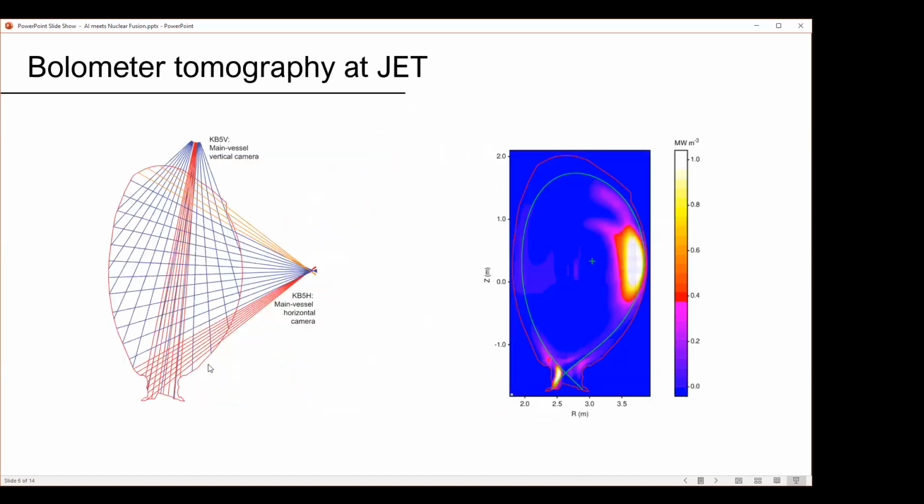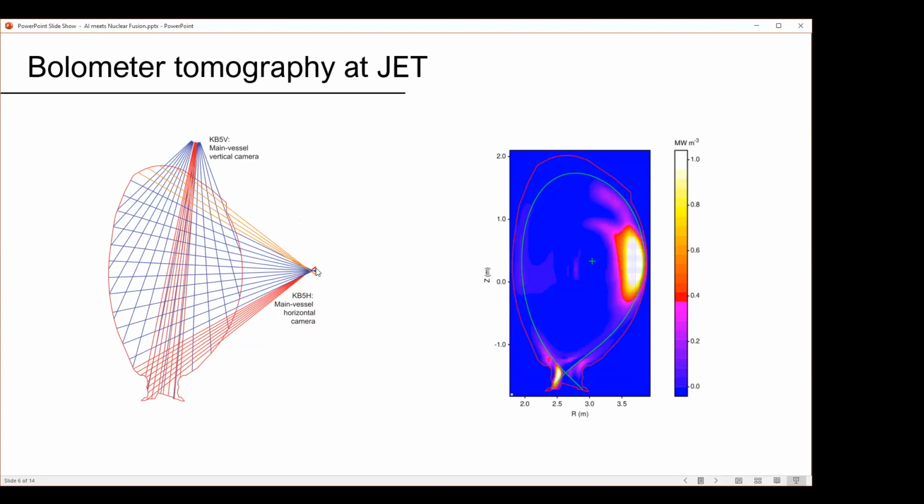I'm going to focus today on a specific diagnostic, and this is representative, let's say, of the complexity of these diagnostics. So here you have a diagnostic which has two different views over the plasma inside the machine.